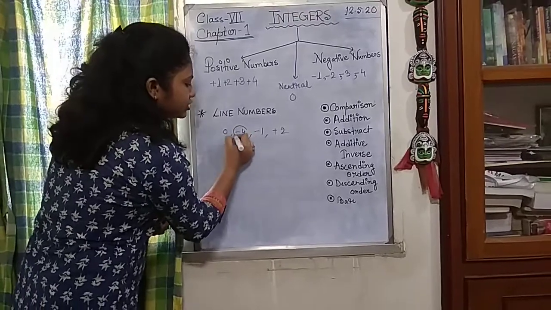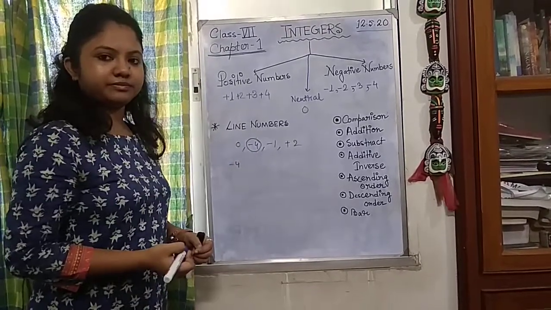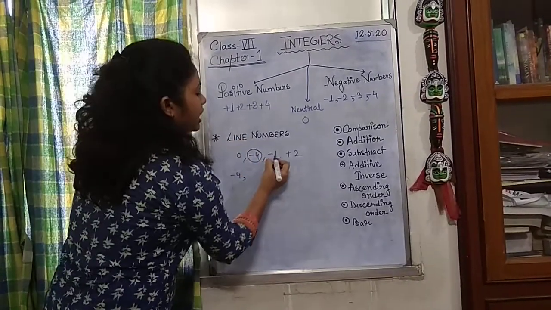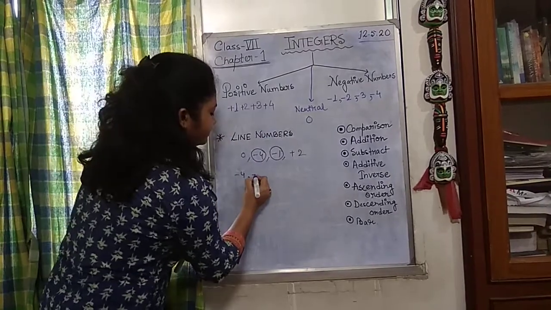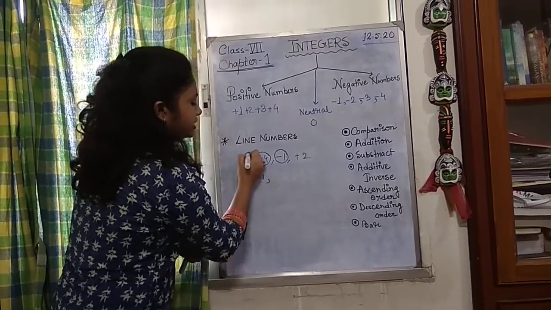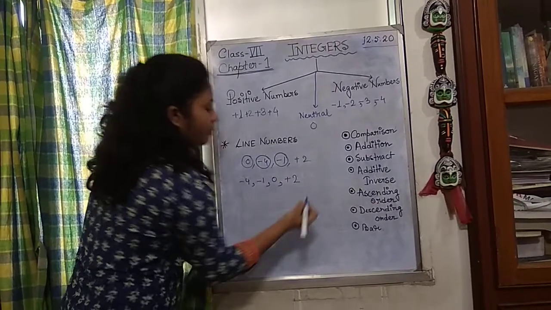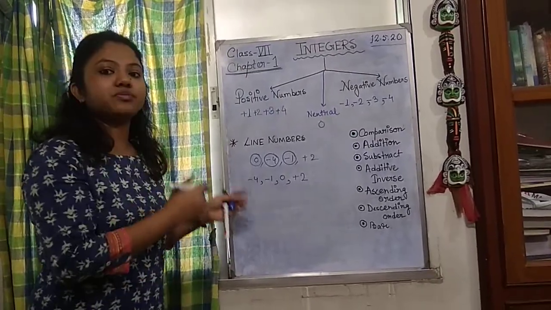So the smallest of these is -4, right? Then who is bigger than -4? -1. Then comes 0. Then +2. So +2 is the biggest and -4 is the smallest.